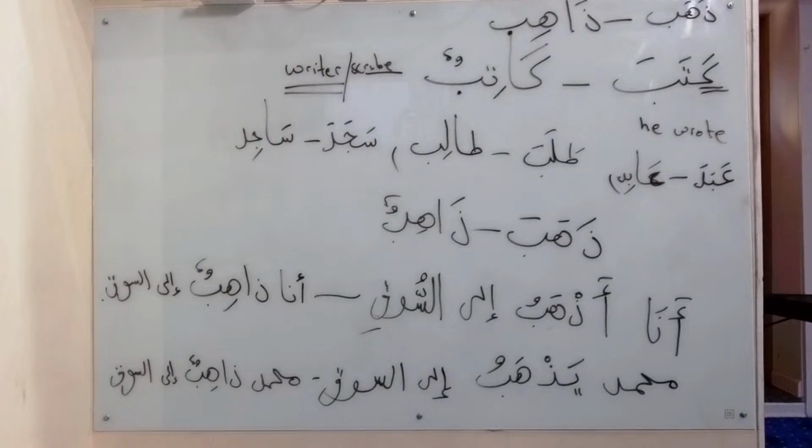I am going. Yeah, it can be present or it can be future. But right now, for this specific example, it's present. I am going, meaning I'm going now to the market.